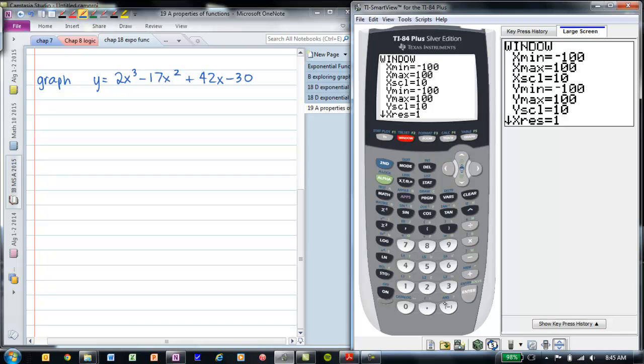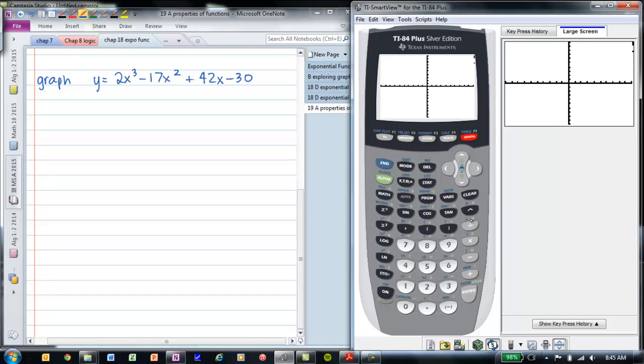So just zooming in a bit, just so that I can see a little bit more clearly, because I'm going to have to determine all those things that I talked about on the previous screen. Let's count by 2's in this case, and graph it again. Okay, so that's better.